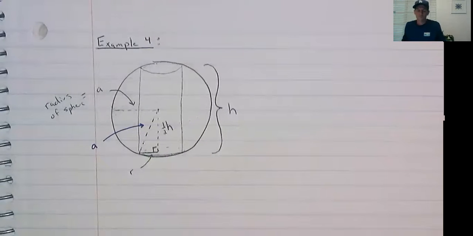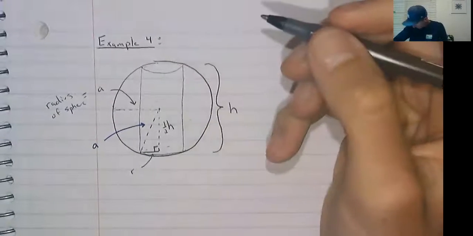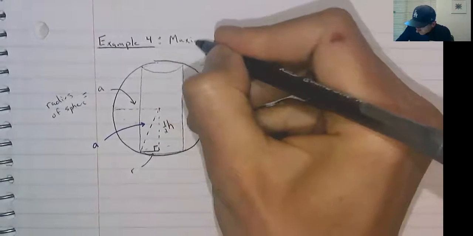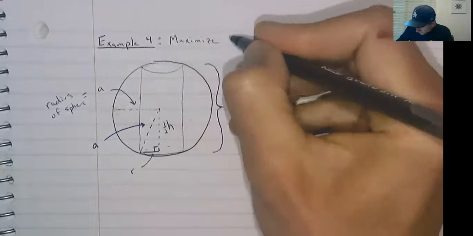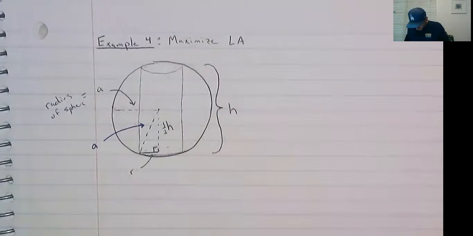How are we in business? Because the lateral area that we're doing here, we're trying to maximize lateral area, sure. Maximize the lateral area, but based on that A thing.